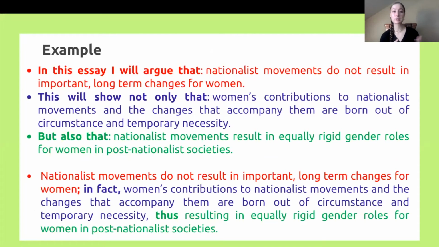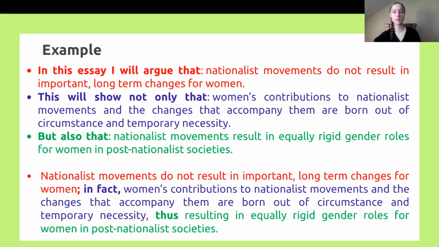All right, so here we just have some more examples. I color coded here so you could sort of see the individual skeleton claims and how they factor into the final thesis. All right. In this essay, I will argue that nationalist movements do not result in important long-term changes for women.